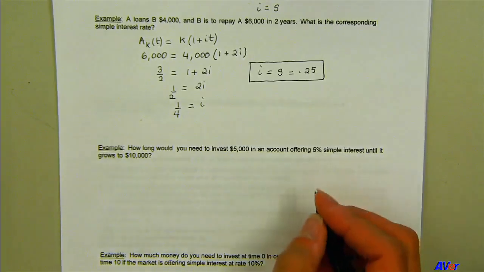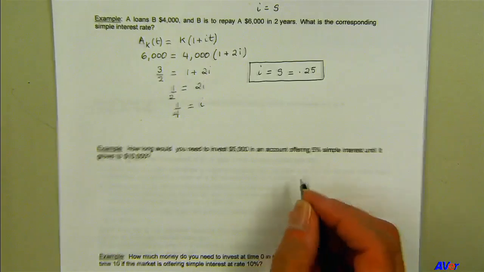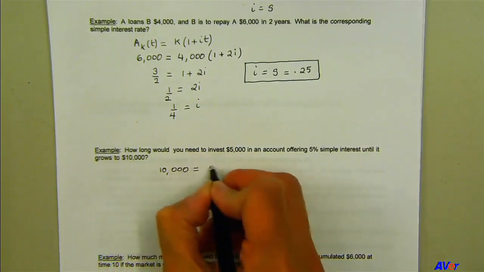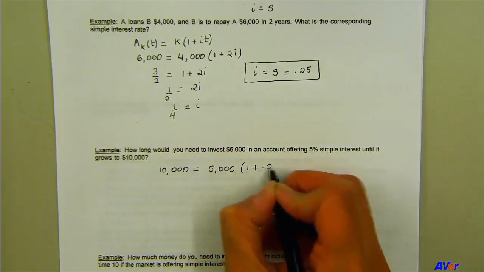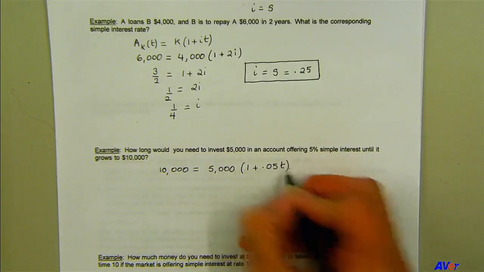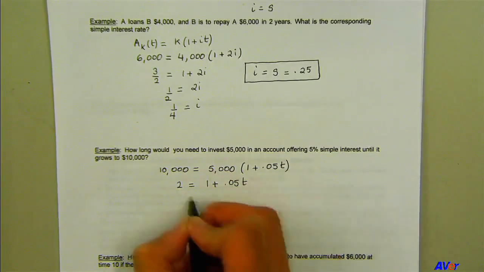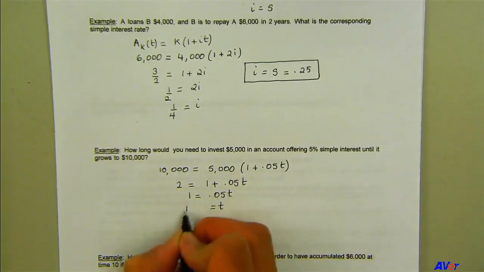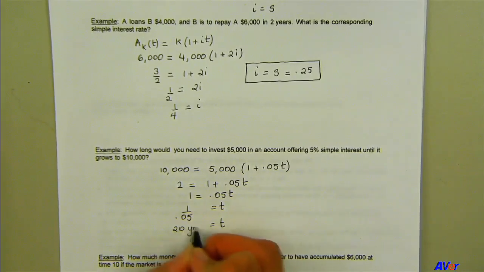What did you get? 20 years, yeah. 10,000 equals 5,000 times 1 plus 0.05 t. Solve for t. 2 equals 1 plus 0.05 t. 1 equals 0.05 t. t equals 1 over 0.05. t equals 20 years.